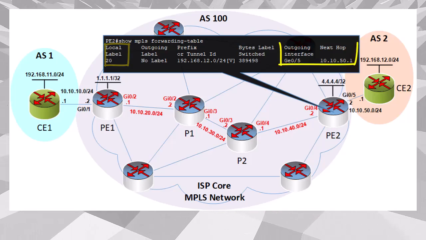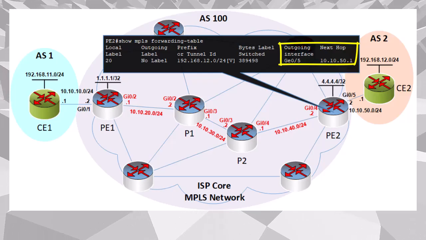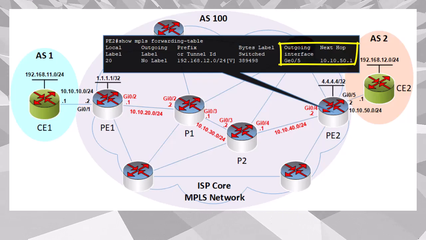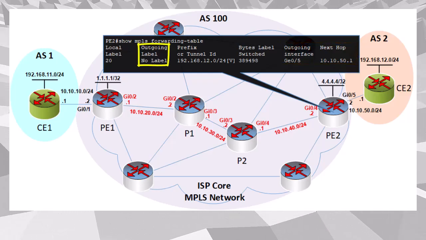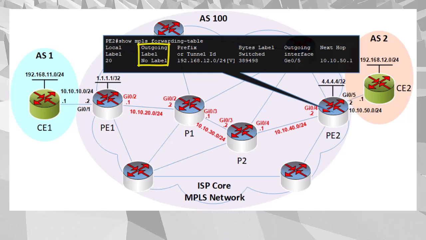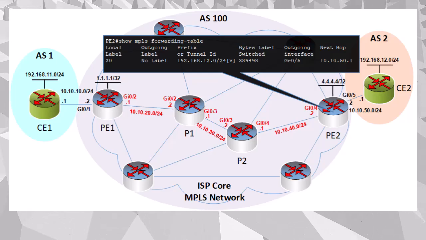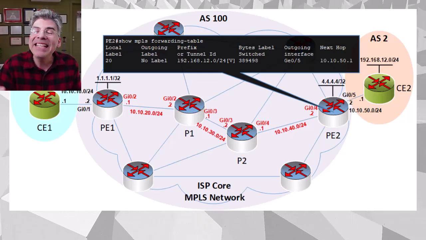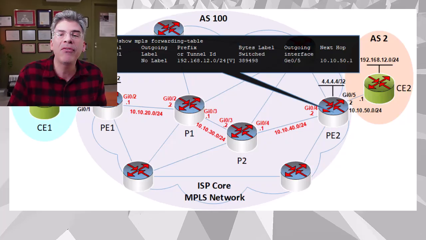The next hop IP here and the exit interface are those that face the CE2 router, and we see no label in the outgoing label column, which means that PE2 will send a simple IP packet to CE2, which is what we want. Now that gives us an inside look at the VPNv4 routes and the VPN labels, and how label switching takes place when using VPNv4 over an MPLS infrastructure.